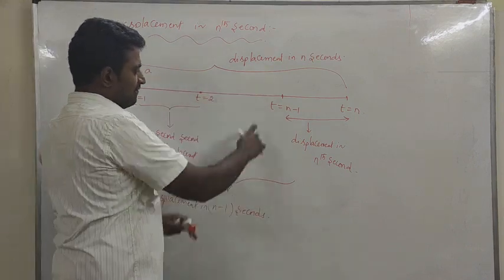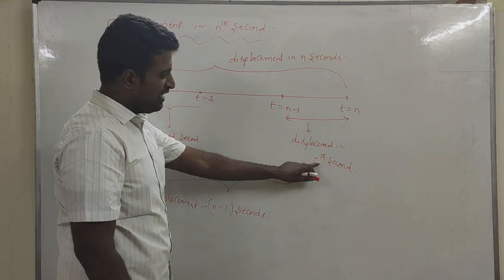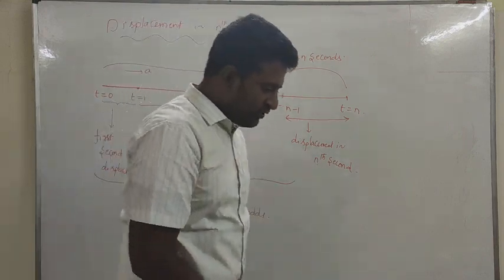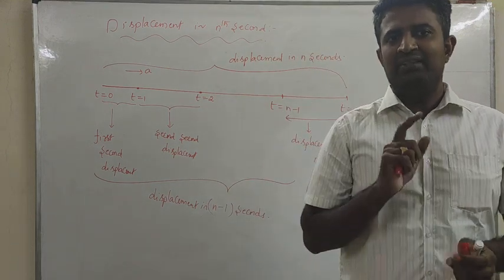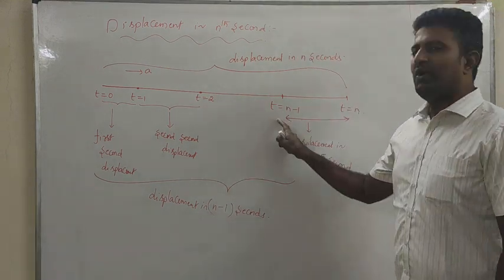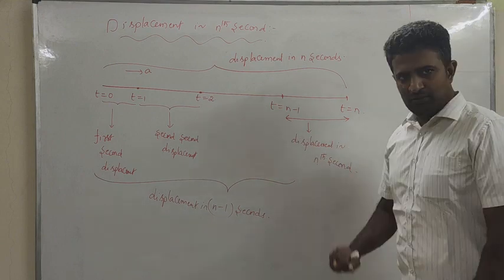Then the difference of these two will give you the displacement in nth second. So nth second means a span of only 1 second lying in between t equal to n minus 1 and t equal to n.